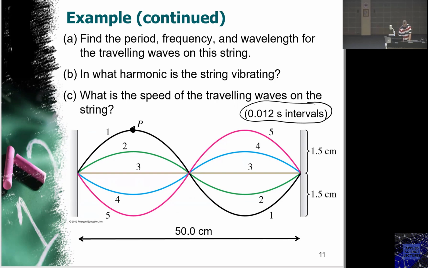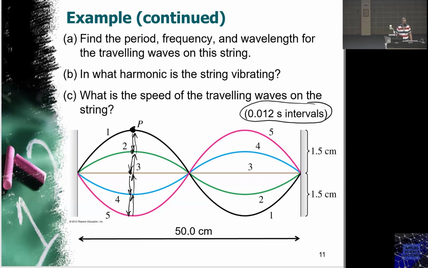Okay. So in order to calculate the period, you need to calculate the time this P is going to take to go to here, and here, and here, and here, and then come back. This completes one full cycle.